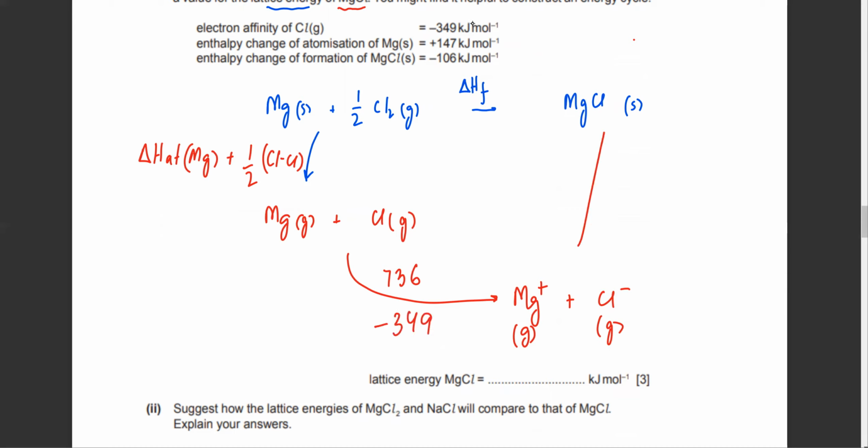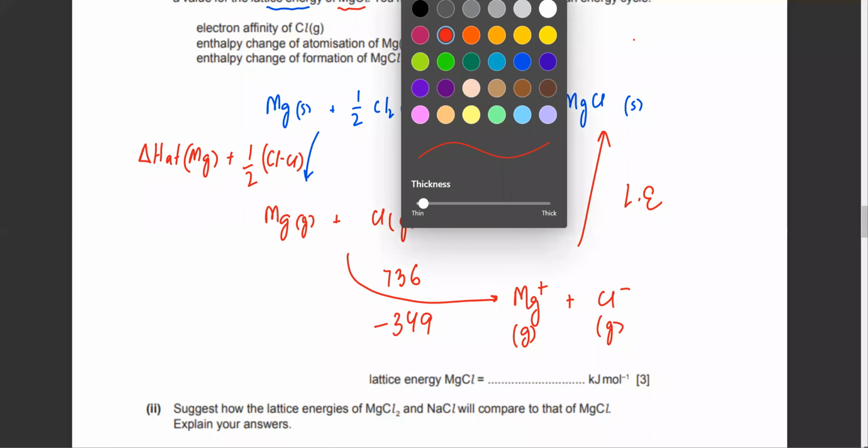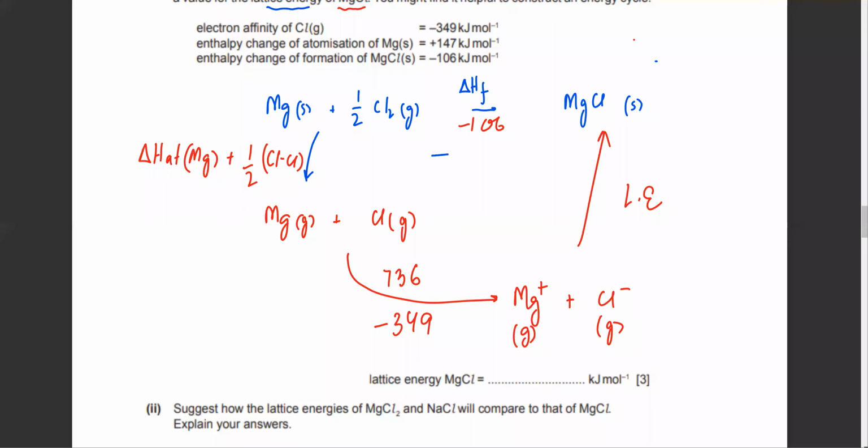And the last step is my lattice energy. That's unknown. Enthalpy of formation is also given. That's minus 106. So basically, it's one path equal to the other path. So it's this equal to this entire thing. So it's minus 106 is equal to what is enthalpy of atomization of Mg? That's given as plus 147.